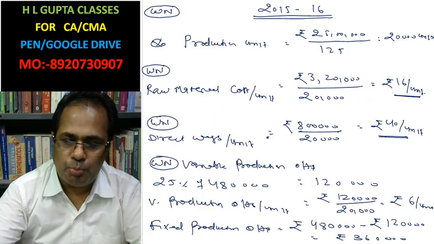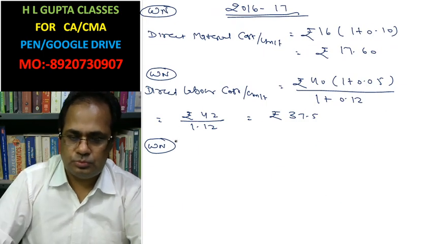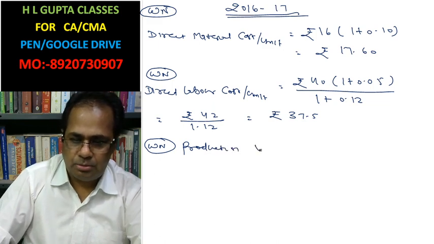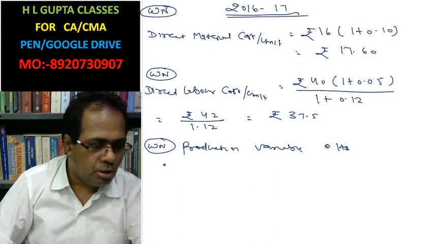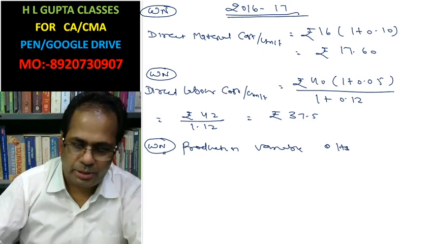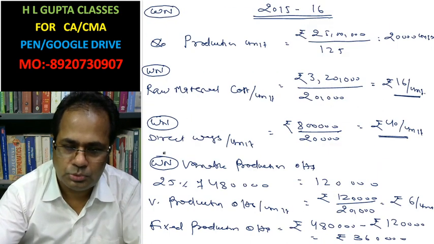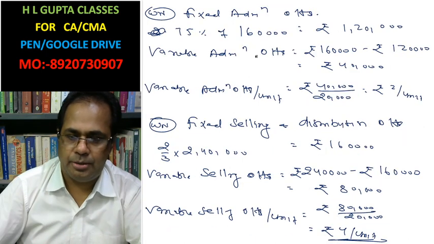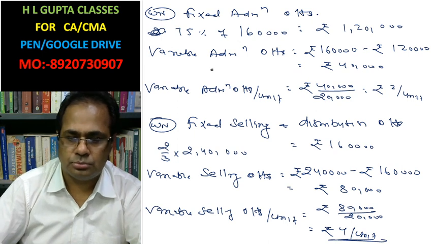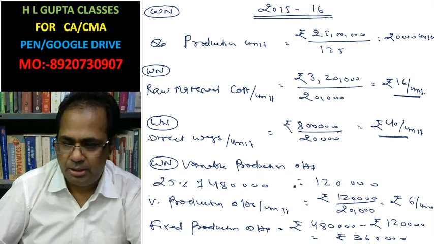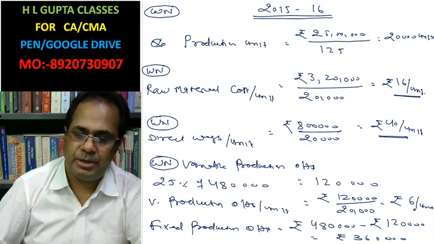Now production variable overhead is given here as rupees 6. It is increased by 5%.